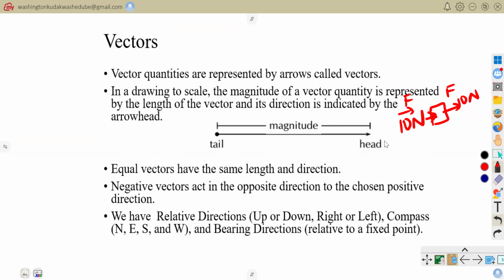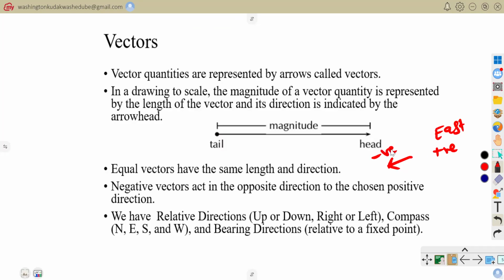And then within our vectors, we will have what we refer to as positive and negative vectors. The positive and negative comes in reference to the direction that you would have chosen to be positive. So if you say your east is positive, it simply means that any vector that is pointing opposite to this direction becomes negative.